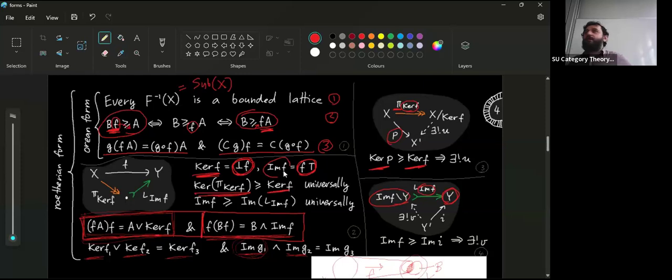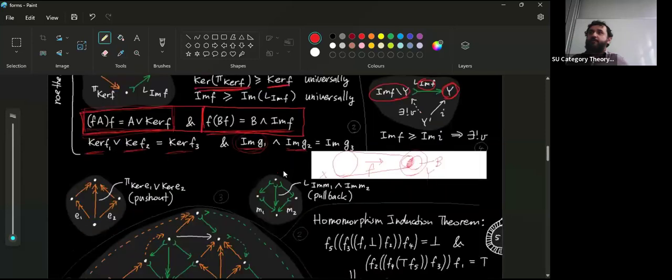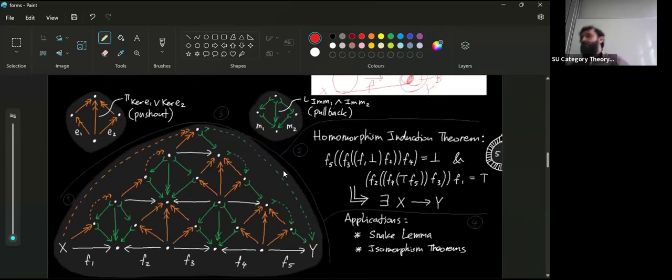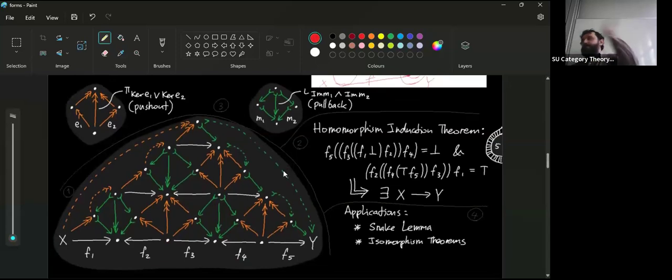You can do the butterfly lemma here as well. You can do the Jordan-Holder theorem in the context of Noetherian forms.